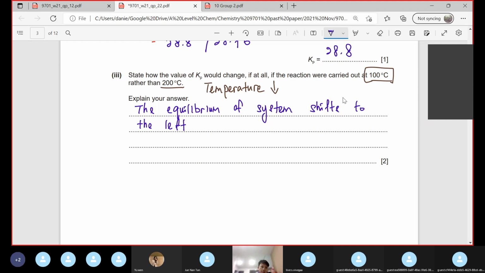Then explain your answer. Why? As the forward reaction is endothermic.